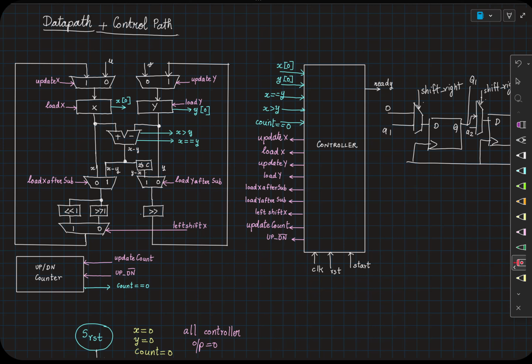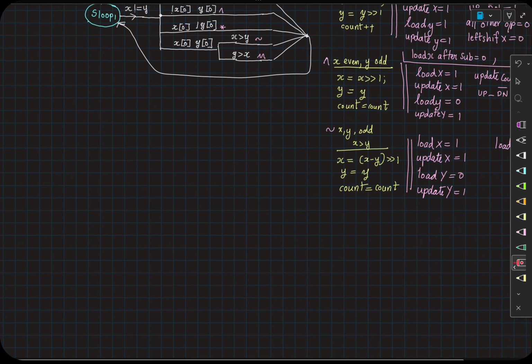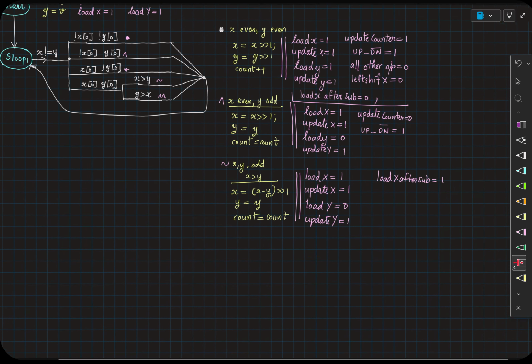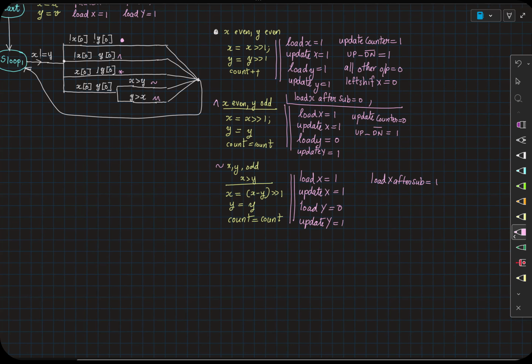Okay. Update counter can be 0. Again, up down bar not significant here, and all the other outputs can be equal to 0. Left shift x should also be 0.